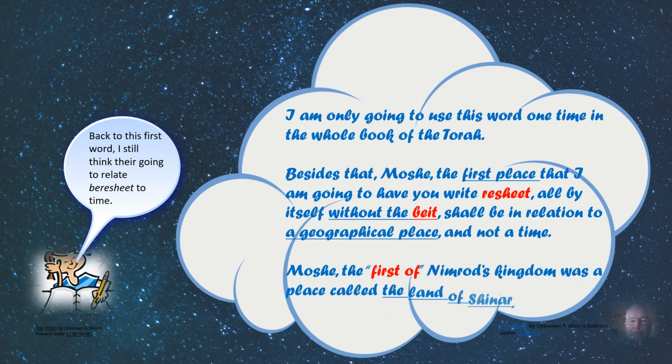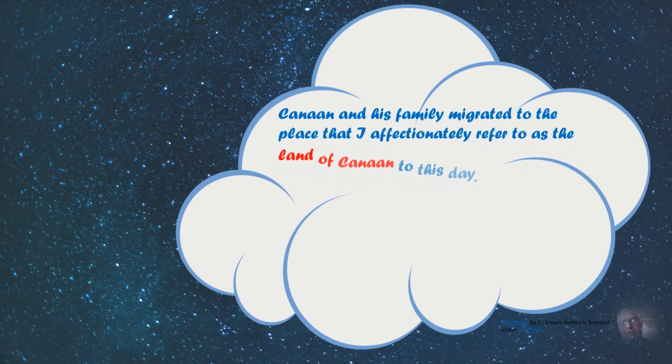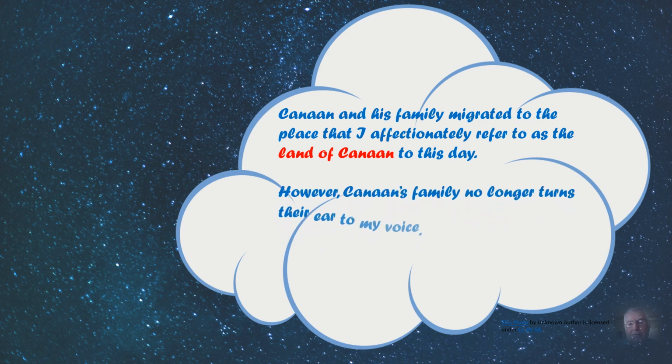Moshe, the first of Nimrod's kingdom was a place called the land of Shinar. Canaan and his family migrated to the place I affectionately refer to as the land of Canaan to this day. However, Canaan's family no longer turns their ear to my voice.